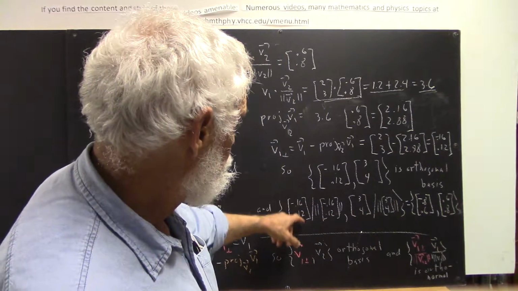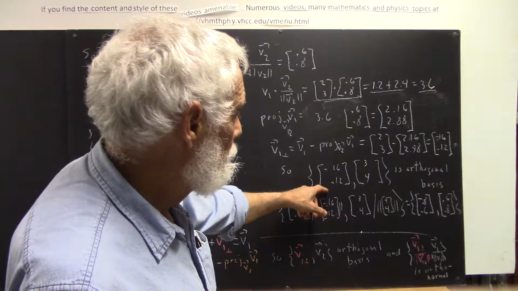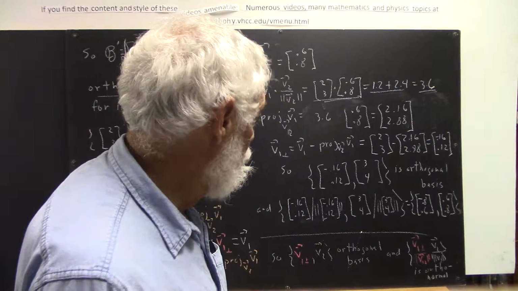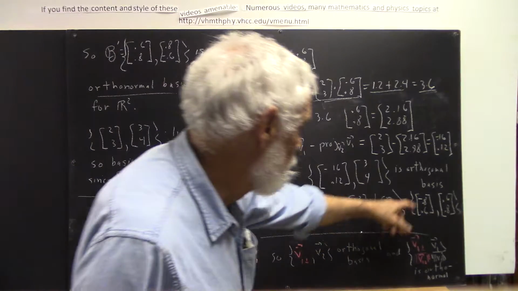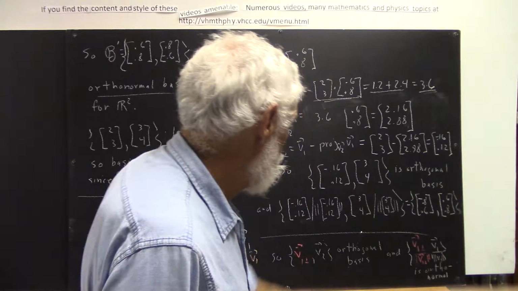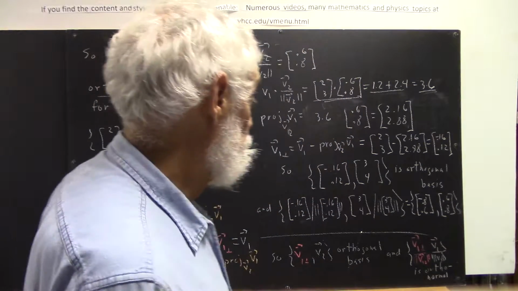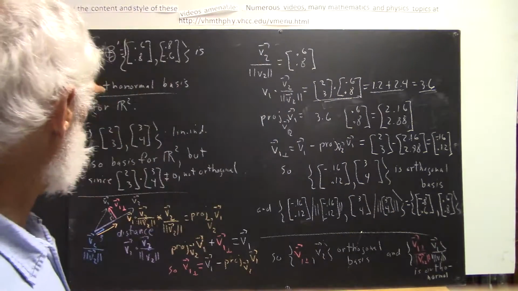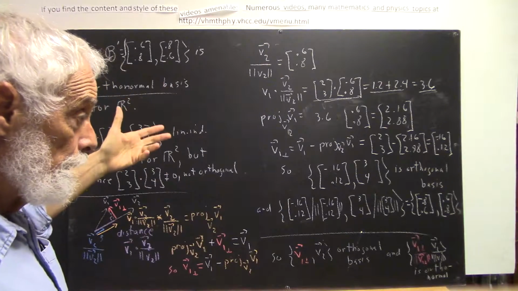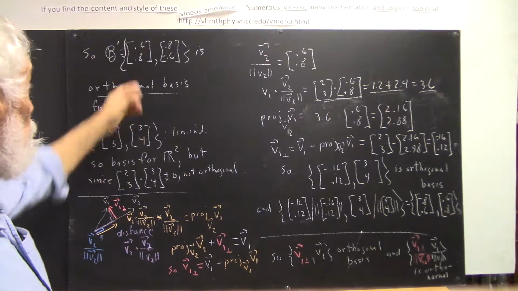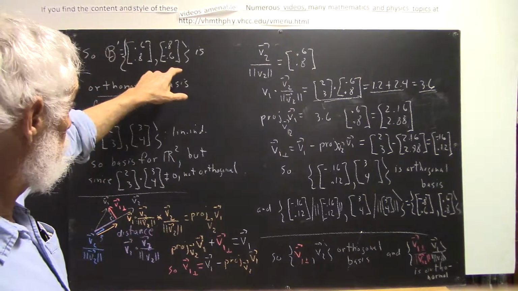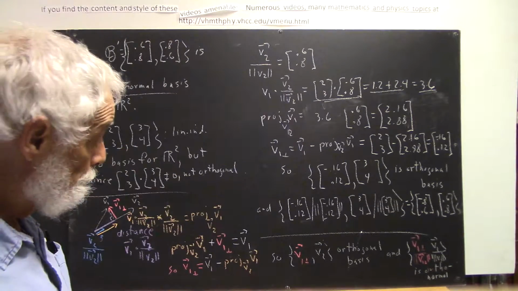Well, (-0.16, 0.12) divided by its magnitude, and you can verify this, is just (-0.8, 0.6), and (3, 4) divided by its magnitude is (0.6, 0.8). This turns out to be the same basis that we had here, simply because one of our vectors was equal to one of these vectors.